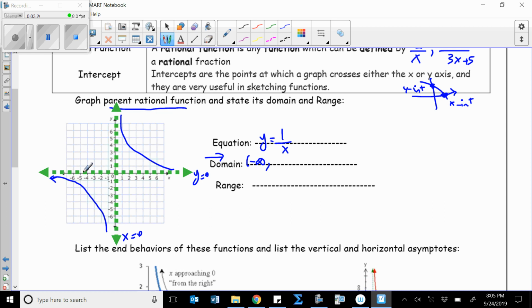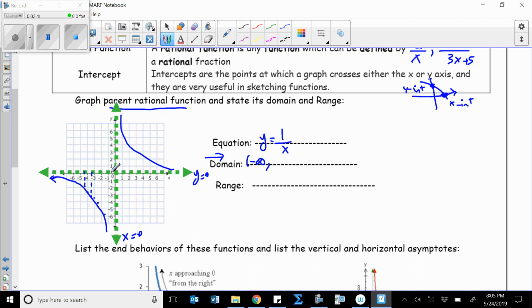As I move to the right side, for any x value that I see on the x-axis, there is one point on the graph which is defined for that x value. But as I reach 0, I see that there is nothing defined for x equal to 0. Your function is not defined for x equal to 0. That means there is a hole here at this point. So as I move from left to right, I reach 0.